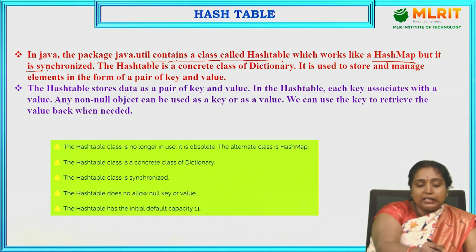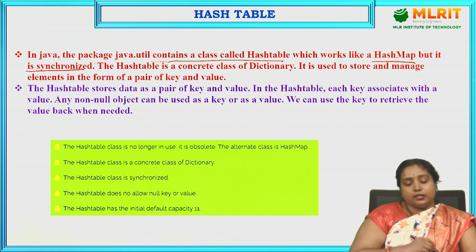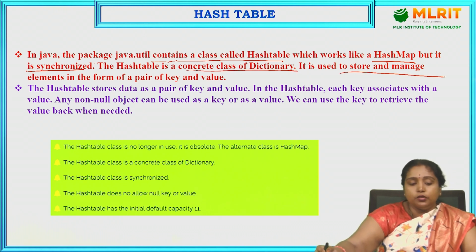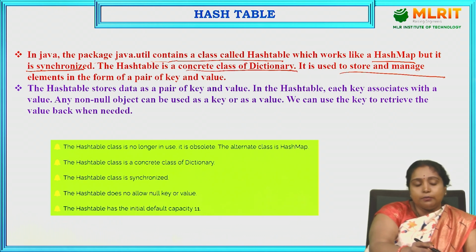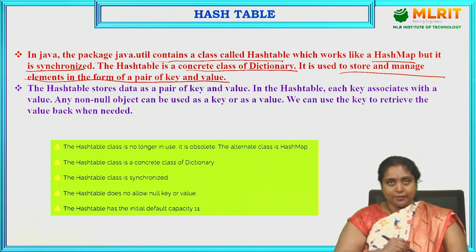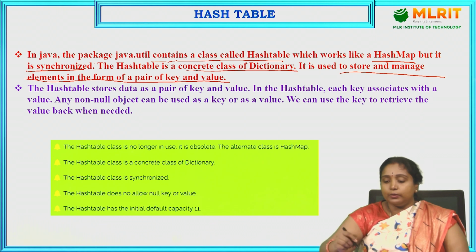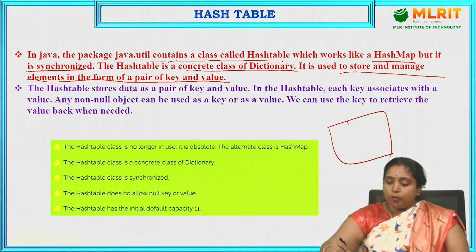But Hashtable is synchronized. So, Hashtable is a concrete class of Dictionary. It is used to store and manage elements in the form of pairs, key and value. We already know hash tables from data structures. A hash table will store the data in the form of key-value pairs, isn't it?